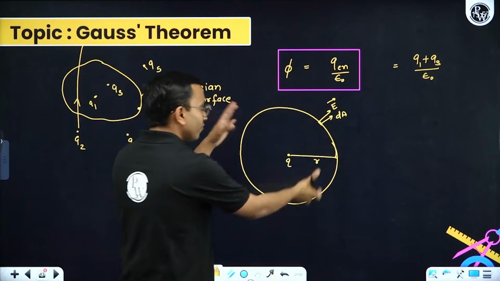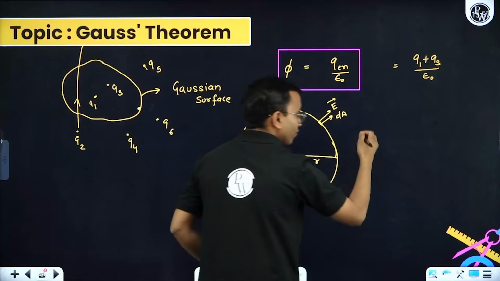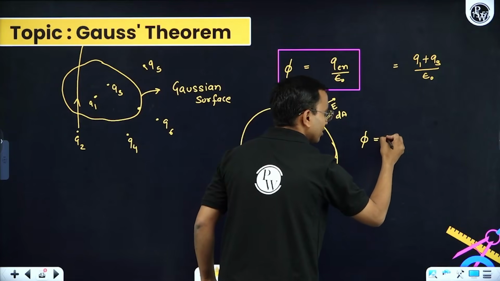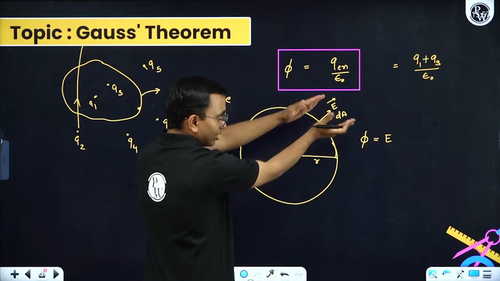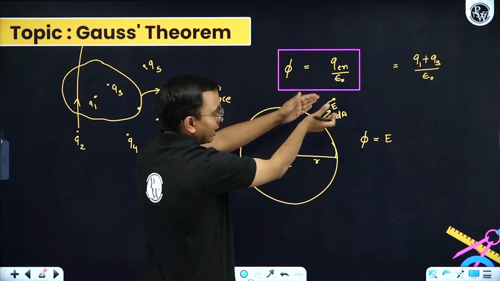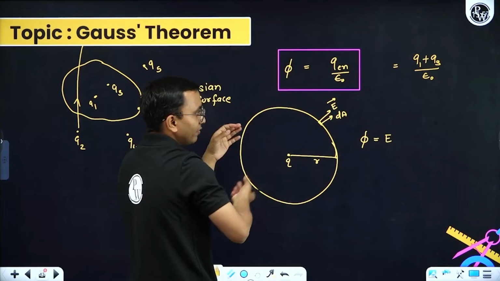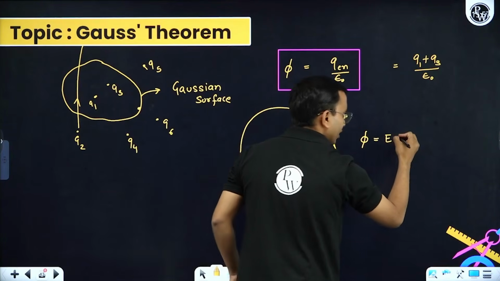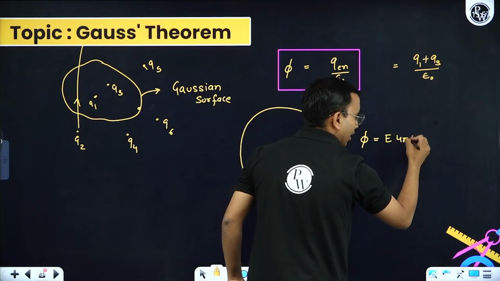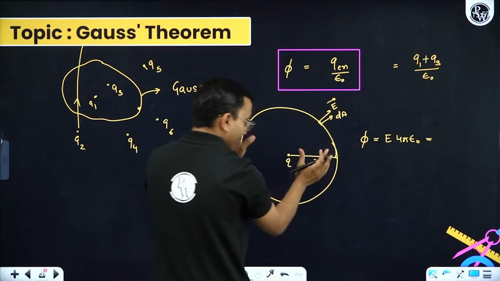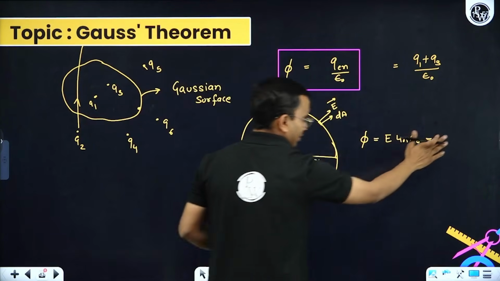So when you write the flux, what will you say? The flux will be E into dA, because the angle is 0 anyways, and E is uniform, the same everywhere, so it will just become E into A, where A is 4 pi r square.